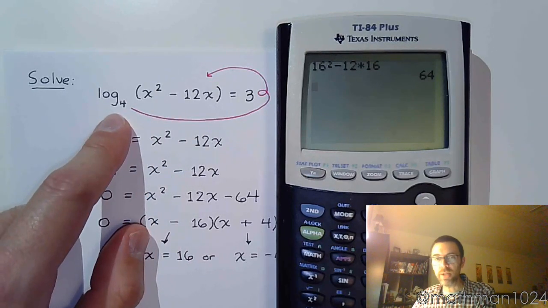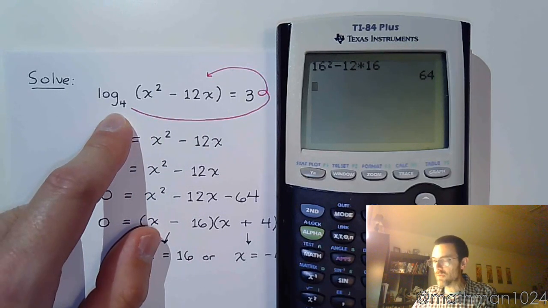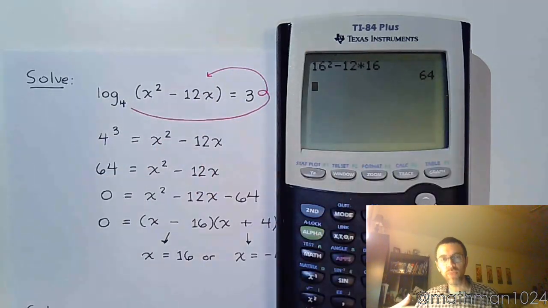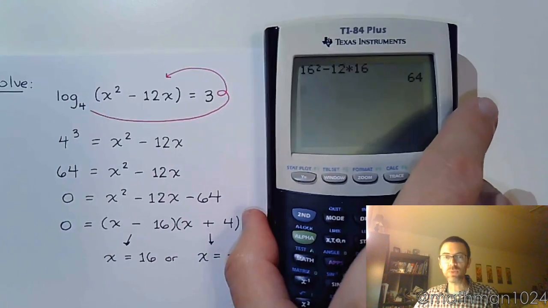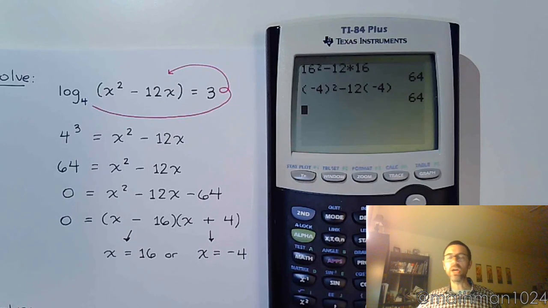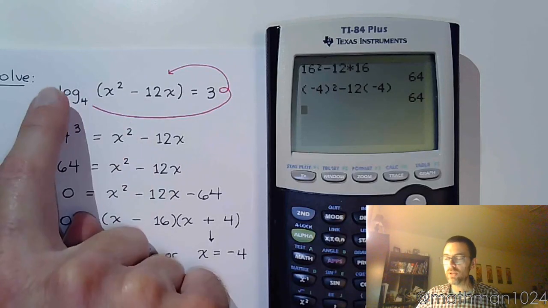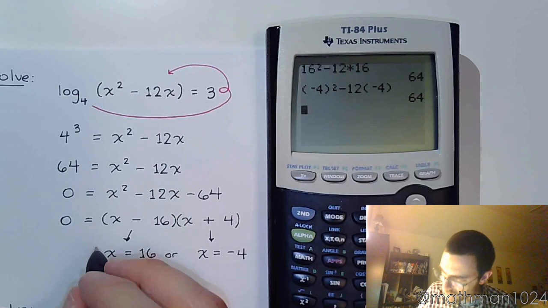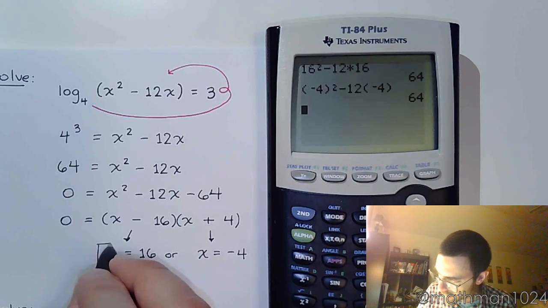And we know that log base 4 of 64 is going to give me 3 because 4 to the third is 64. That guy checks out. The other solution was negative 4. So if I do parentheses, be careful with the parentheses, negative 4 squared minus 12 times negative 4, I also get 64, so that 4 to the third gives me 64. So both of these answers are correct.